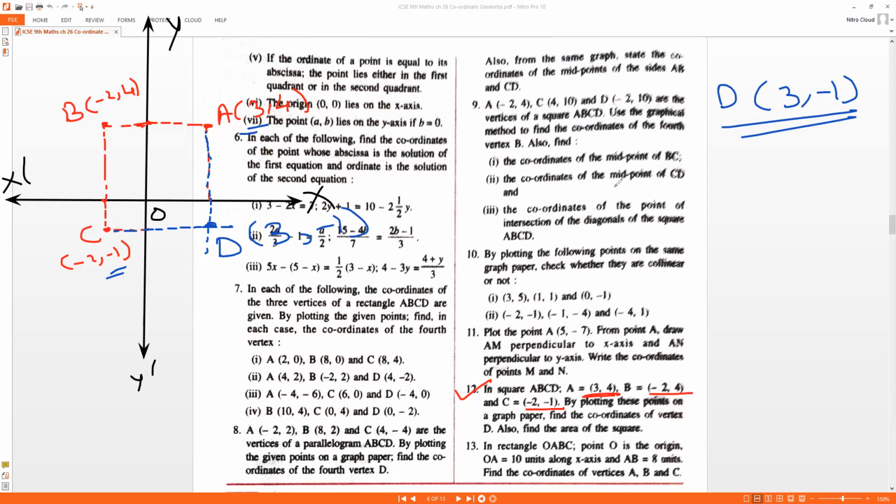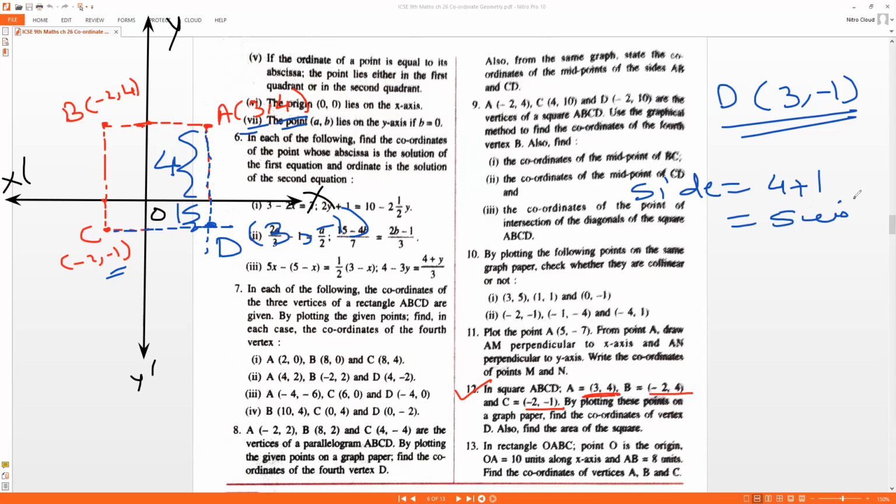Very simple. In here you just have to find the side. All sides are equal. So what is the side? Let's do it vertically, for example. This is 4 units, right? This is 4 units and this is 1 unit. So what is the side? 5 units.